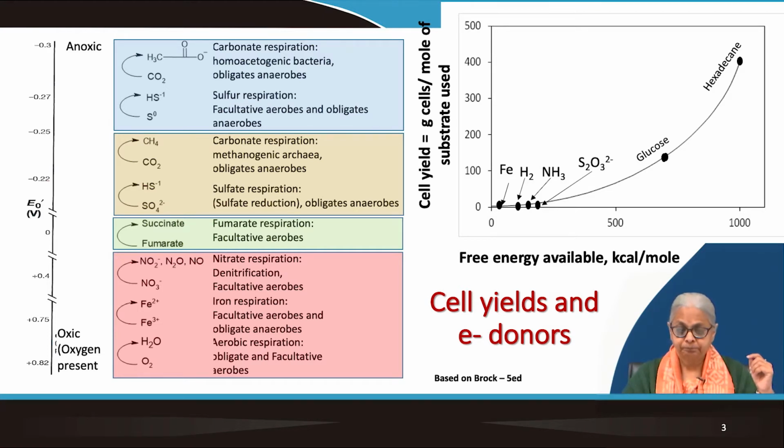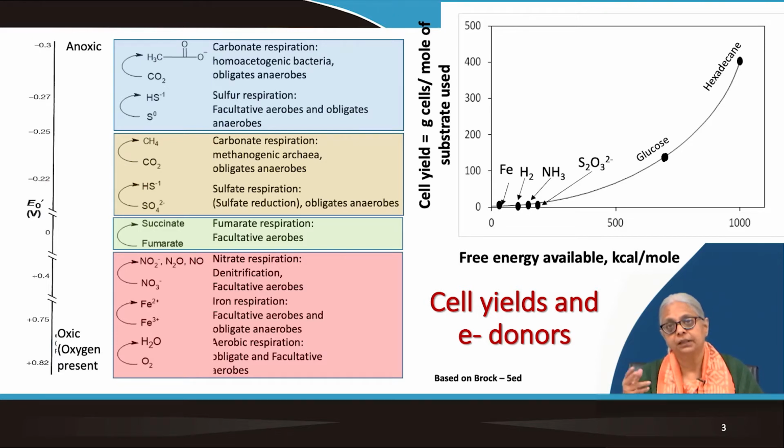Here, the highest amount of free energy available is with hexadecane. That's a C16 molecule. Then you have a C6 molecule, thiosulfate, ammonia, hydrogen, and iron. Now, as we go down from right to left, you will find that the cell yield, the number of cells per mole of substrate, is going down.